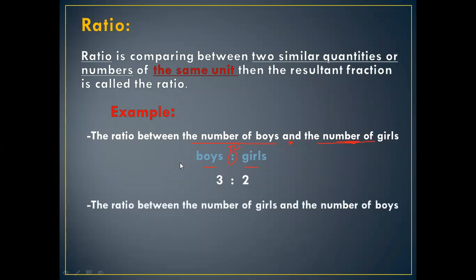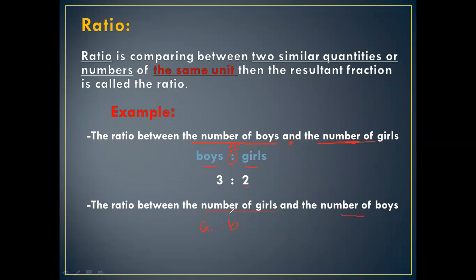Okay, another one. The ratio between the number of girls and the number of boys. Do you see here? It starts with the girls, so I will start with the girls. So girls to boys. So what is the number of girls?